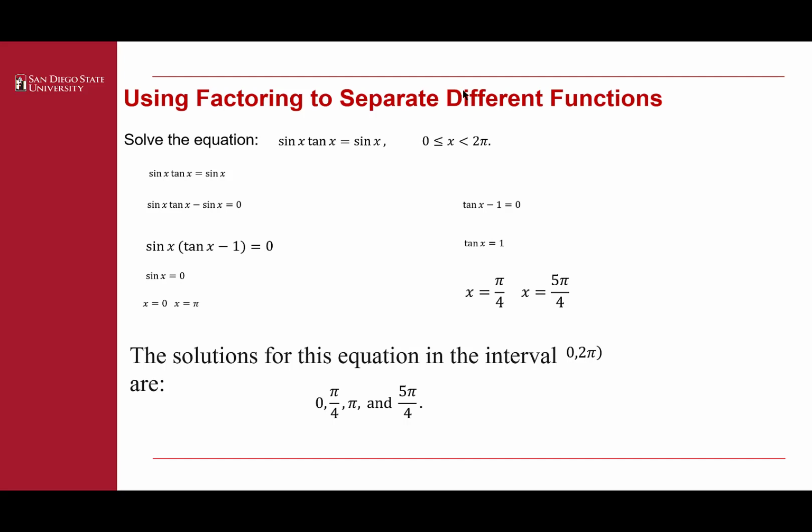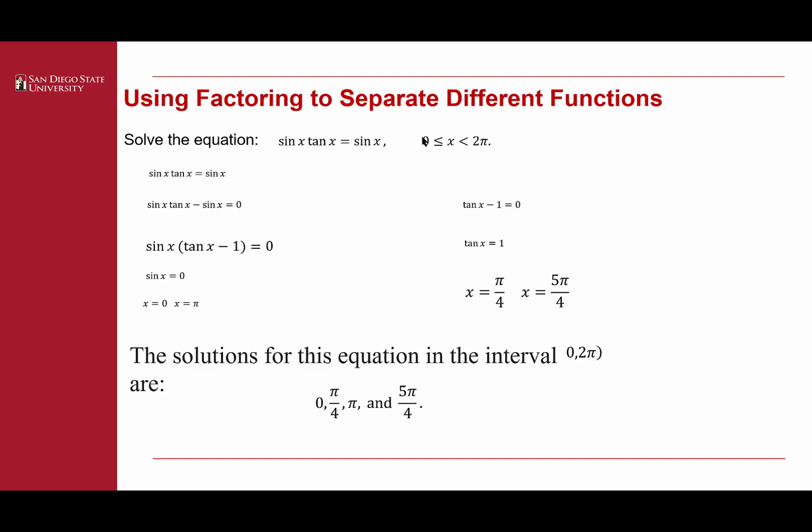So here it could be easier to find the solution for tangent x, but in this case we will lose some resolution. We will lose the solution where sinus x could be 0.